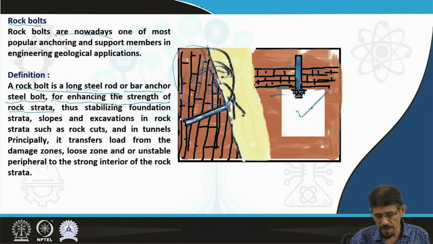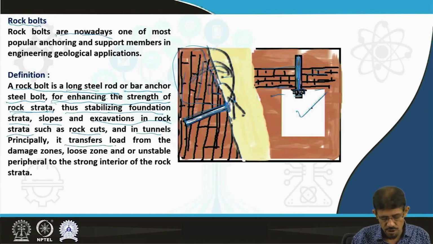A rock bolt is a long steel rod or bar anchored steel bolt for enhancing the strength of rock strata, thus stabilizing foundation strata, slopes, and excavations in rock strata such as rock cuts and tunnels.